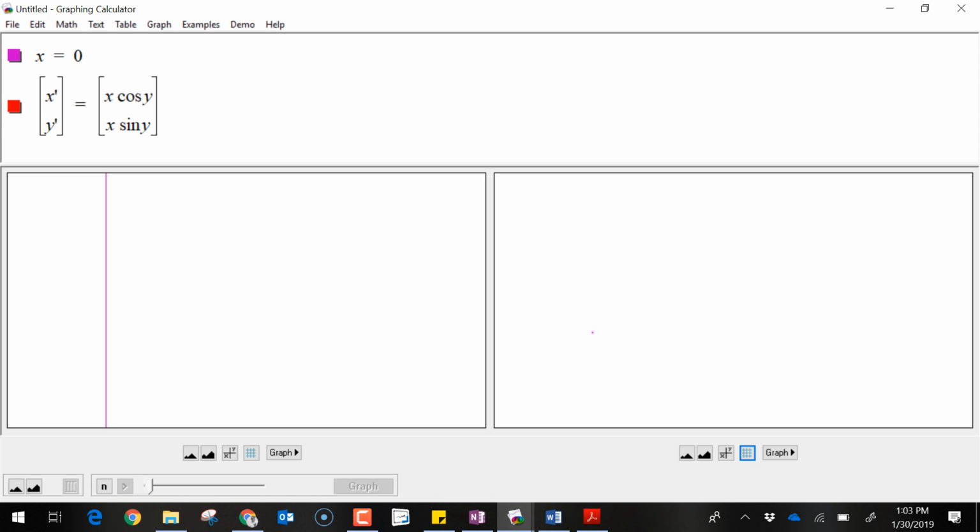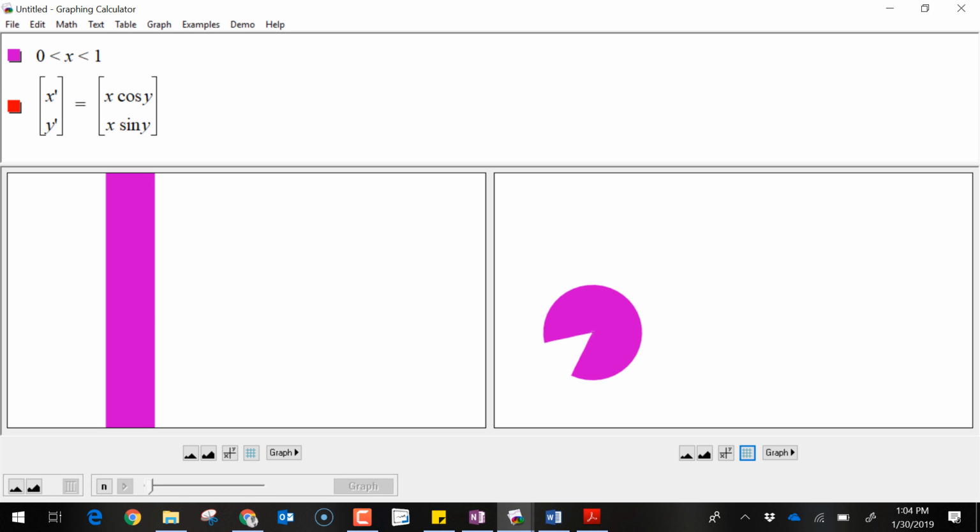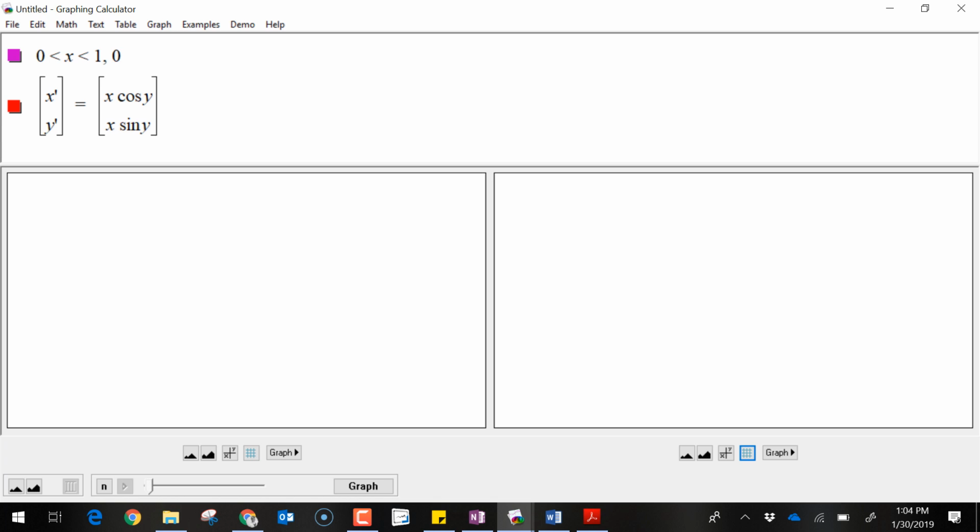So now if I let this grow a little bit, let's go back to our original graph that we had where we had a square. We can imagine that these points, when R is equal to 0 over here, all get mapped into here.